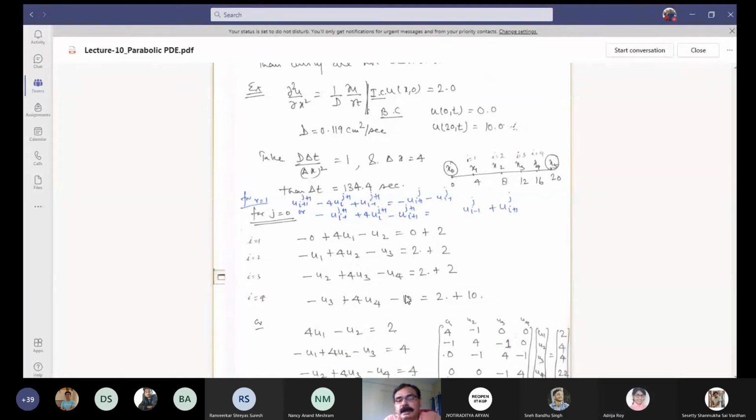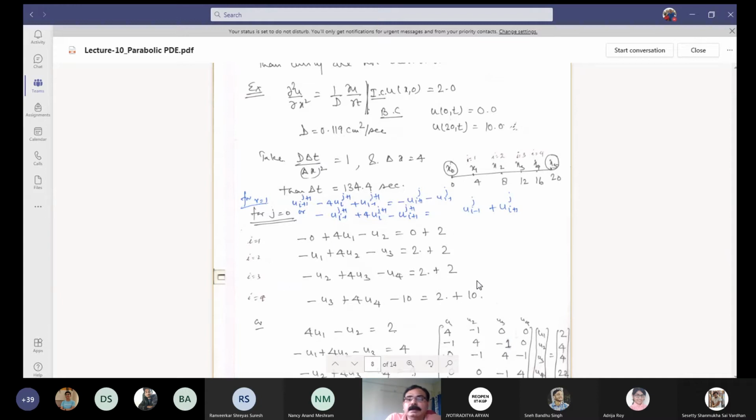Yes, sir. On the right hand side, i equal to 4 means this will be u3j, u30. 3 is not the boundary point. 5 is the boundary point for the x part. So for j equal to 0, it will be your initial condition. So 2 is fine here.